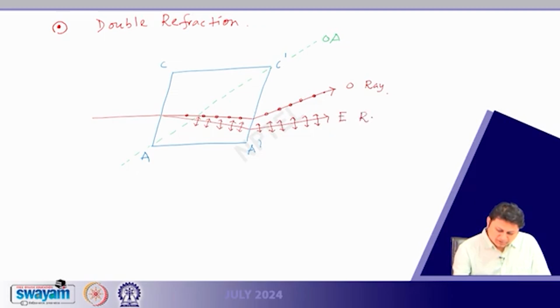So this phenomenon is in general called double refraction. O stands for ordinary ray.